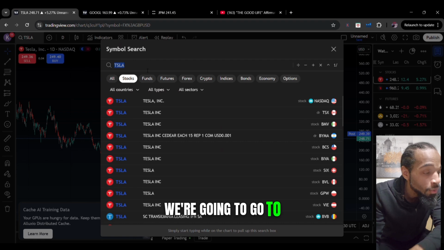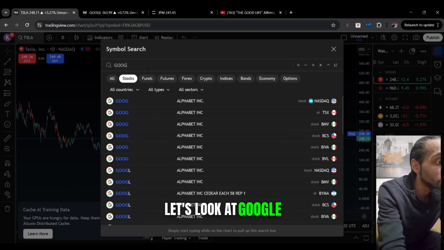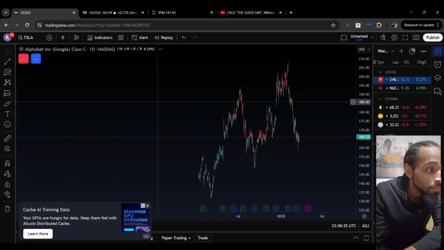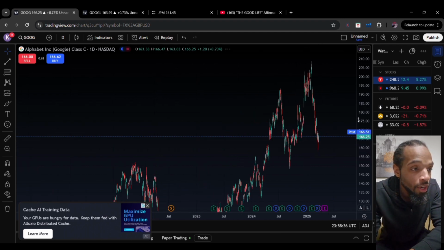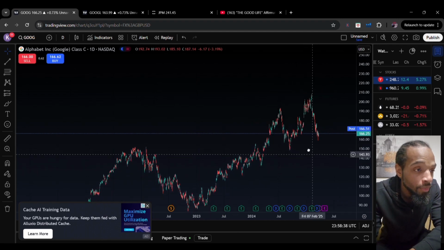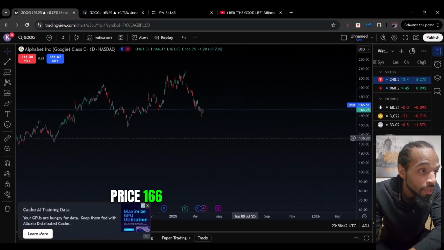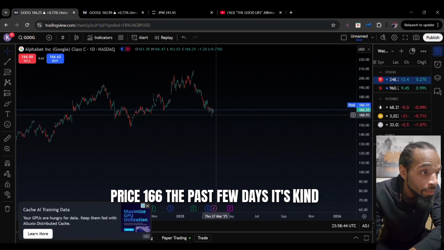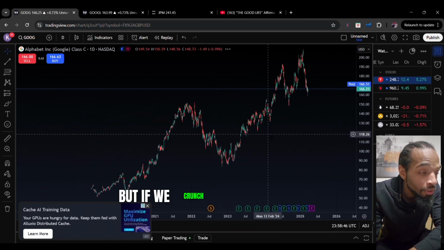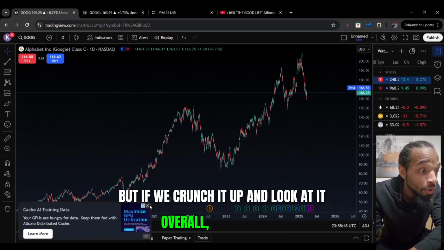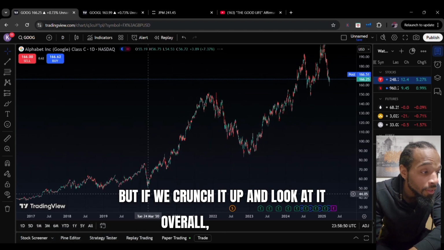We're going to go to, let's look at Google. All right, boom. Google's current price is 166. The past few days, it's kind of been stuck a little bit. But if we crunch it up and look at it overall, look at that.